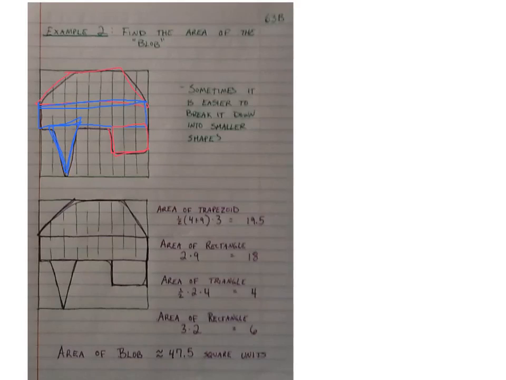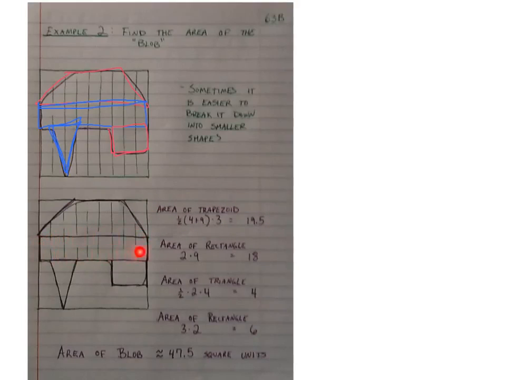So this particular blob we could break down by finding the areas of each of the 4 pieces. The area of the trapezoid is going to be half of base 1 plus base 2 times the height. So it's 9 across, height of 3, our second base is 4. So we get the area of the trapezoid.